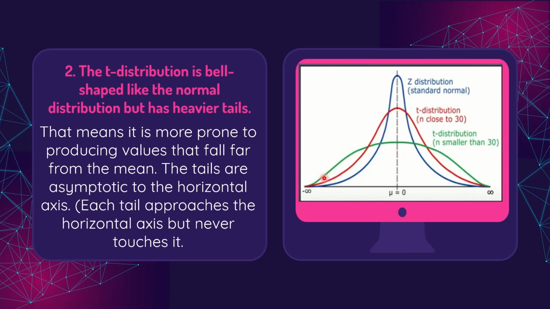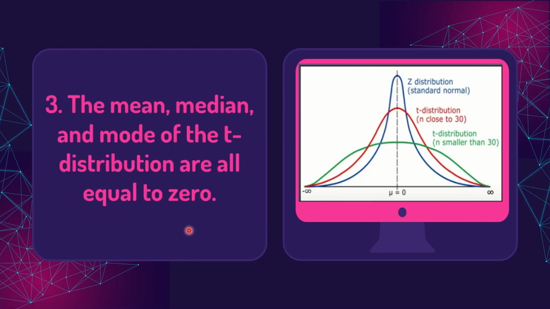And at the same time, the tails of our T distribution will be extended in both directions infinitely, but it will never touch the horizontal axis o yung ating x-axis natin, no? So naipakita ko naman sa inyo yan using the application of Desmos.